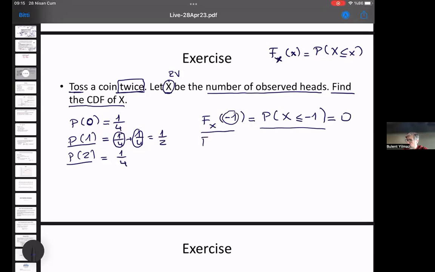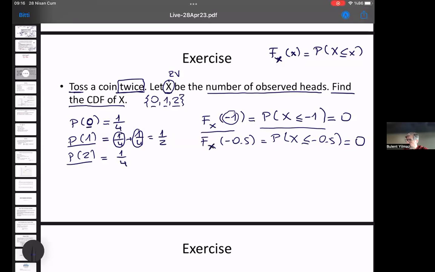What's the CDF of -0.5? Again 0, right? Why? Because my range starts from 0, 1, and 2. This is my range. These are the only values I can get.